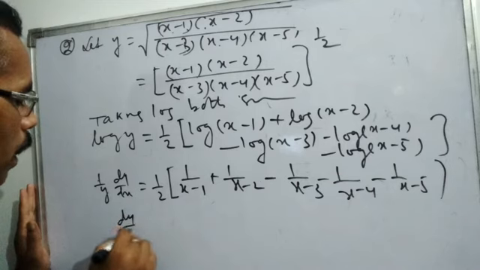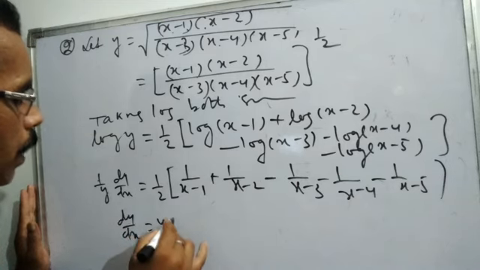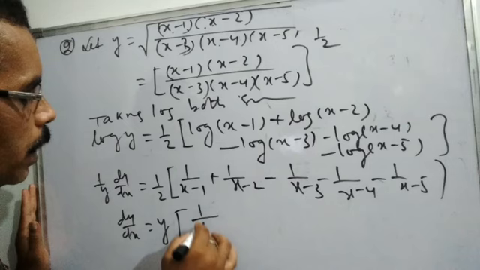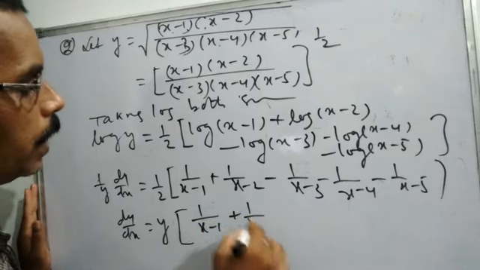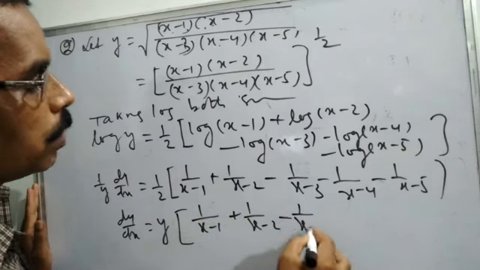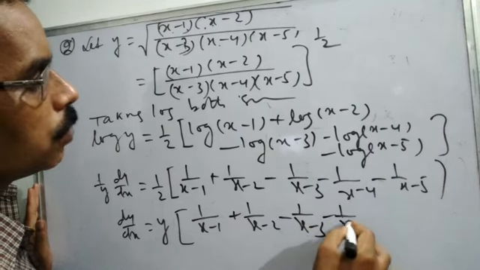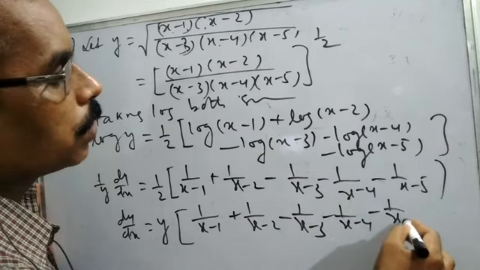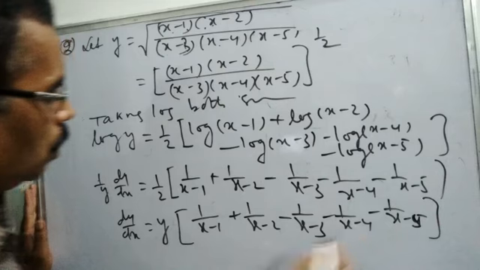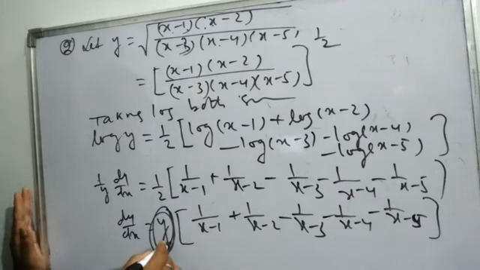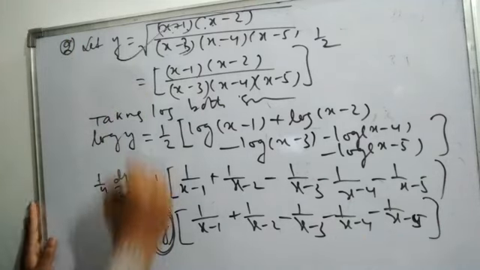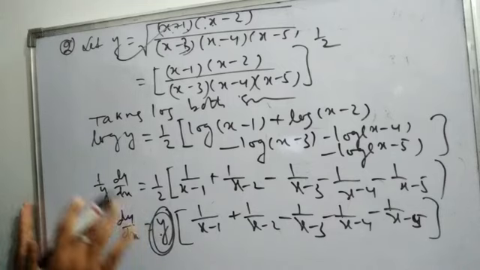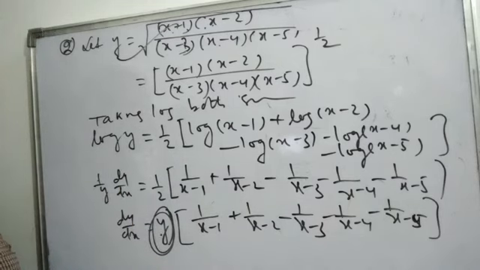Then dy by dx is equal to y into this one, 1 by x minus 1 plus 1 by x minus 2 minus 1 by x minus 3 minus 1 by x minus 4 minus 1 by x minus 5. So finally you have to put the value of y in place and you will get the answer for this question.